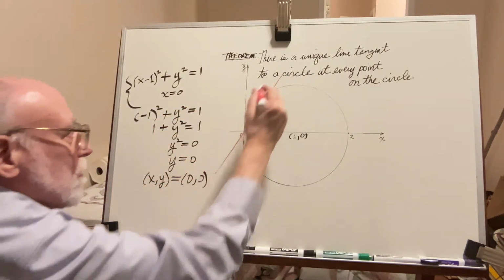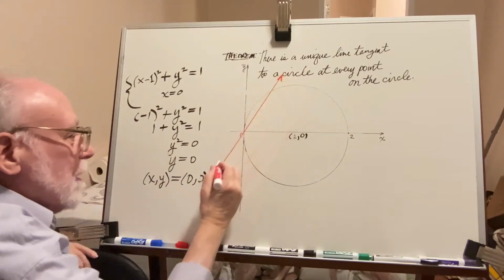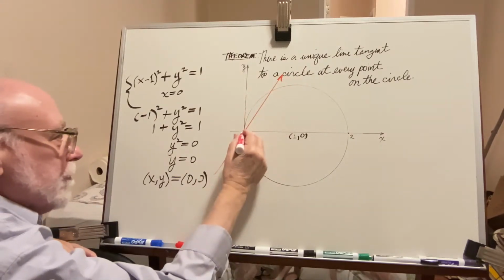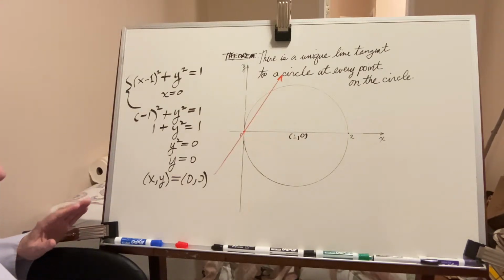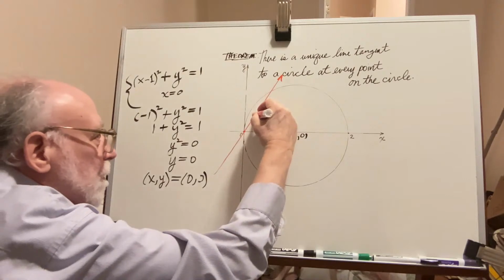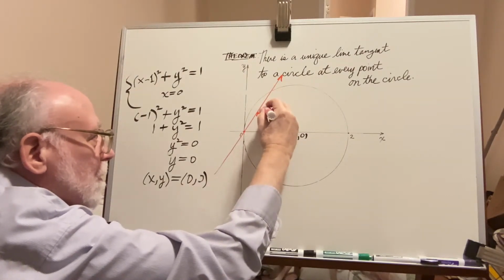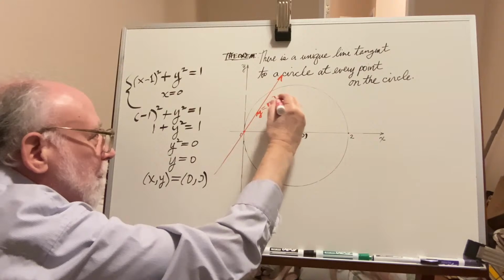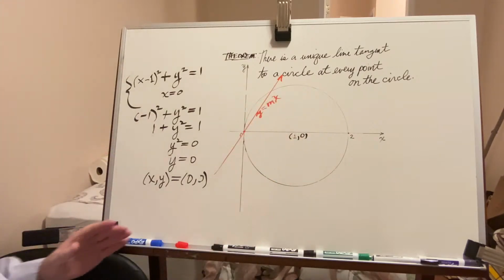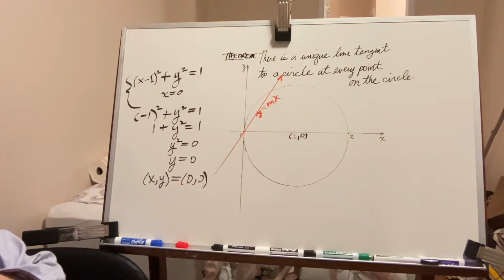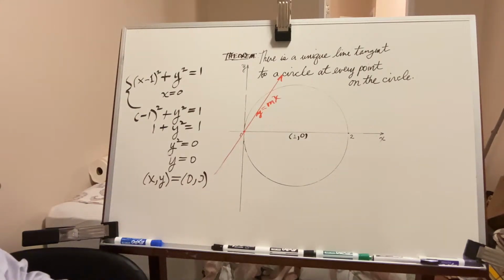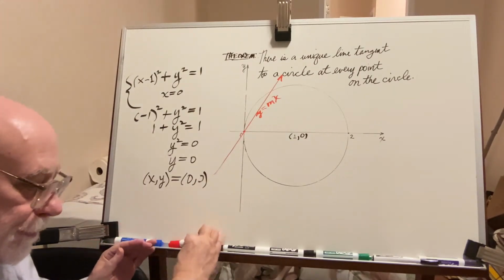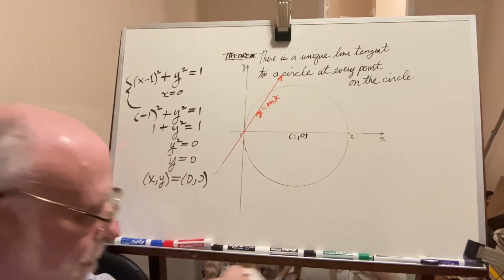Here's another line through the origin, any other line through the origin, and an equation of this line is going to be y equals mx for some constant m, which is the slope of the line. So now we're going to solve another system. Here's your system.